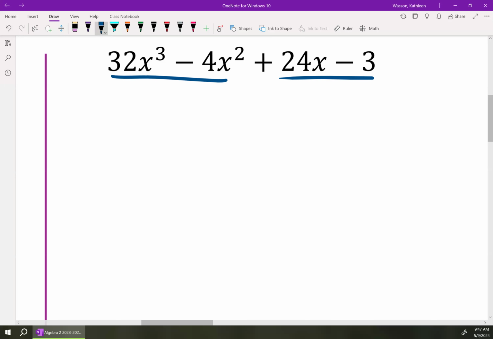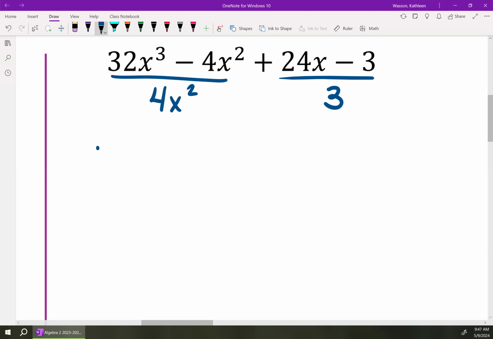For the first group of two terms, my greatest common factor is 4x squared. For my second group of two terms, my greatest common factor is 3. And the signs match the sign of the first term of the group.